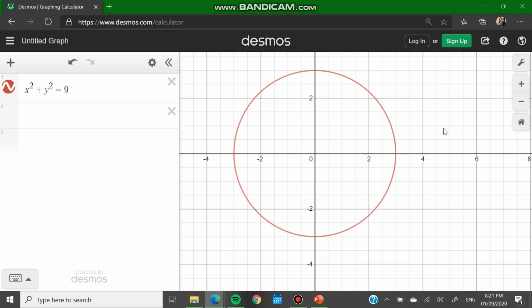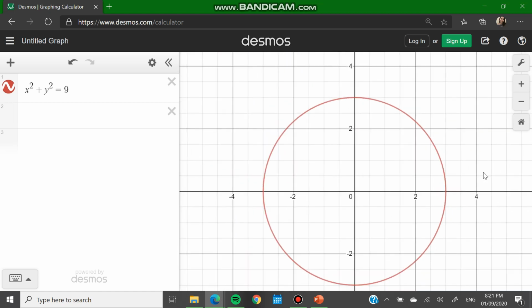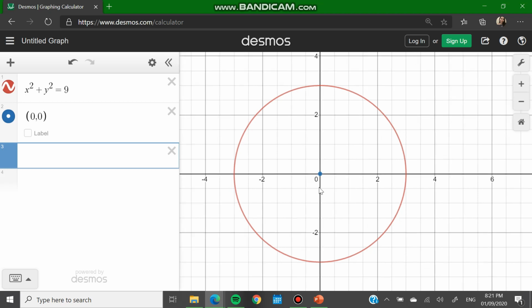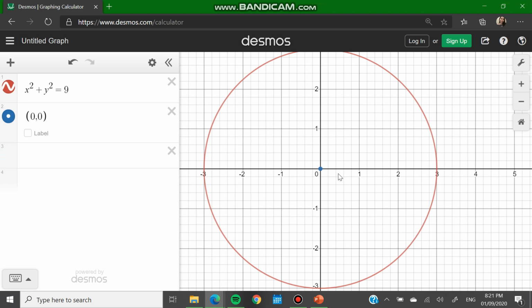Now, how are we going to know if the center and the radius are correct? We can plot the center. Center is (0, 0). So there. And then you can also identify a point. So if you look here, let's write (3, 0) there.